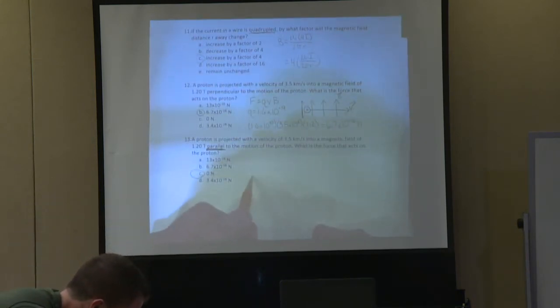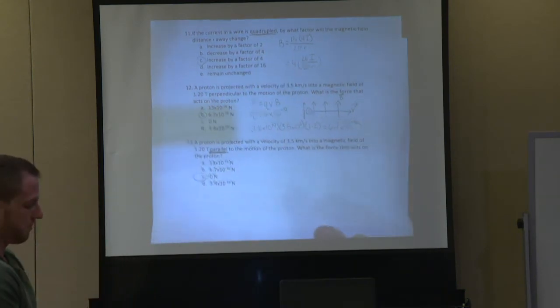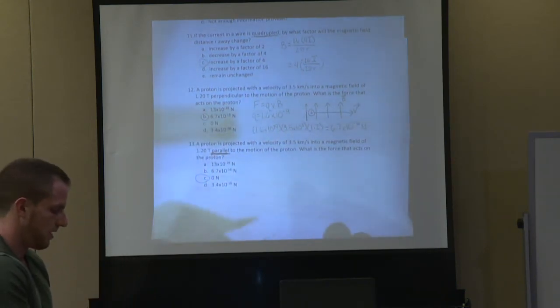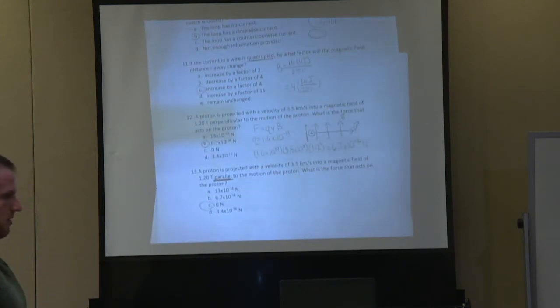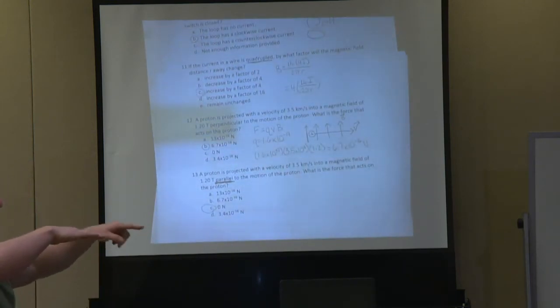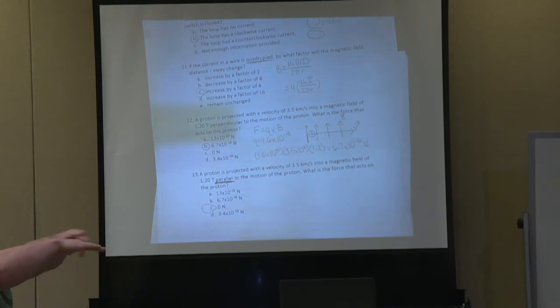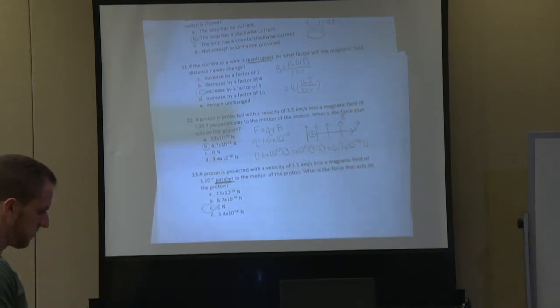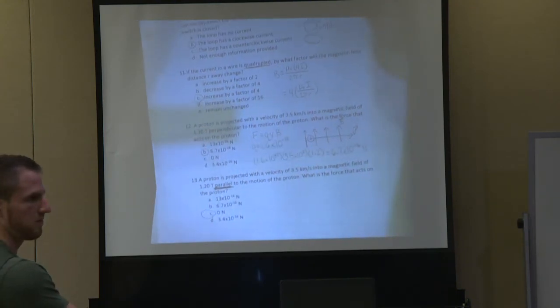Example of how to think about that is if you were to take a piece of paper and hold it in a field while the arrows are going parallel to it, they're going to go around the piece of paper. There's no force acting on it. You guys good?